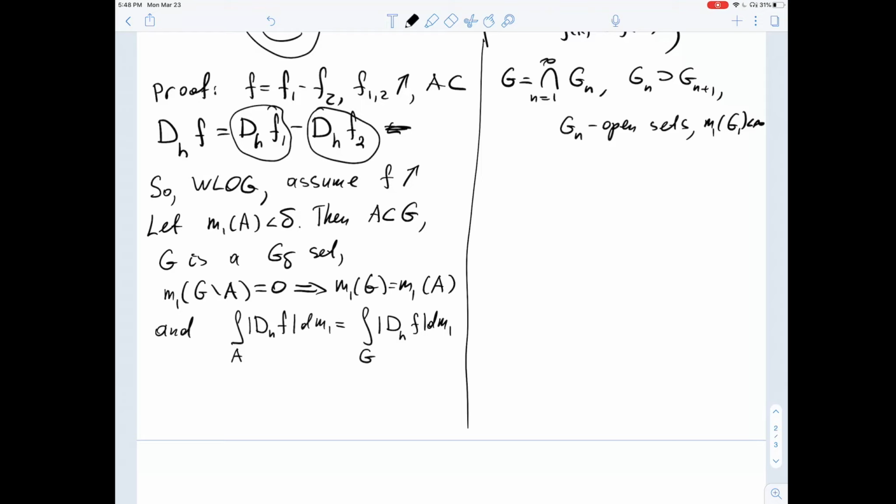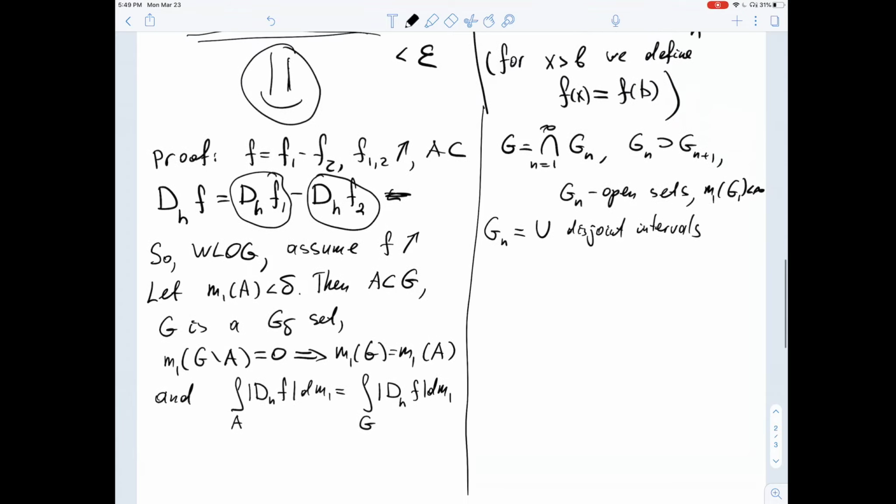And each Gn, because it's open, is a union of disjoint intervals. Now some of you like to catch me about the disjointness, so we can, for example, take a disjoint union of half-open intervals. Half-open will be fine. We can also take a union of open intervals. It will still be disjoint. They won't cover Gn, but they will cover Gn up to a measure zero error, which is also fine.